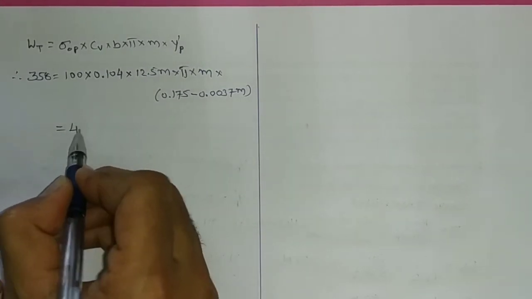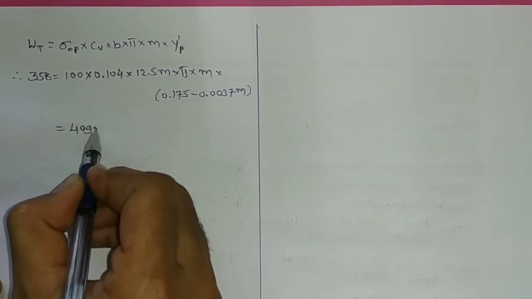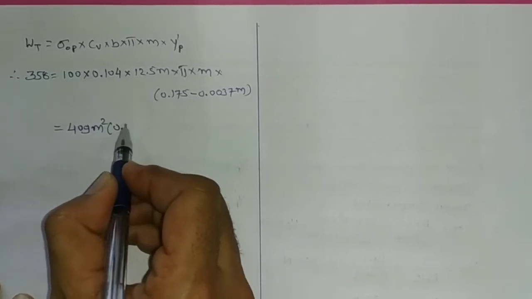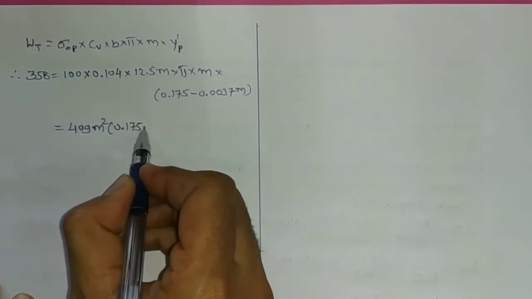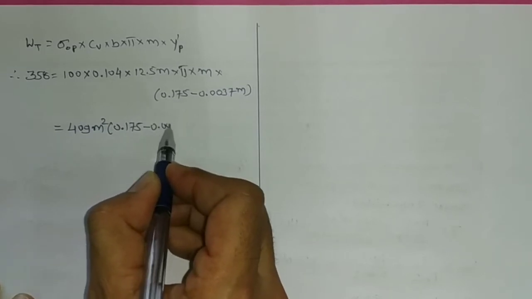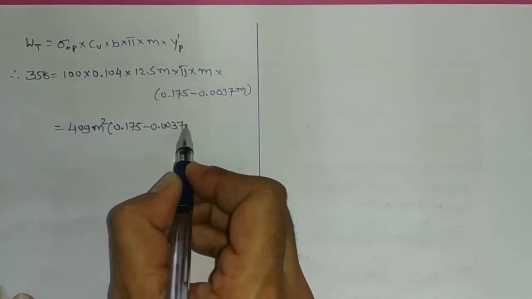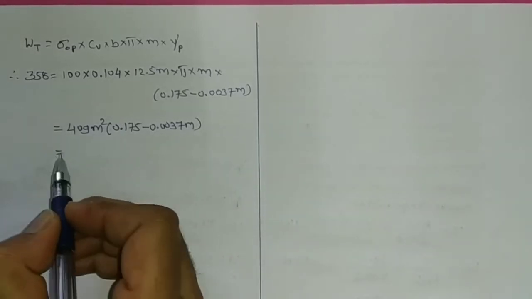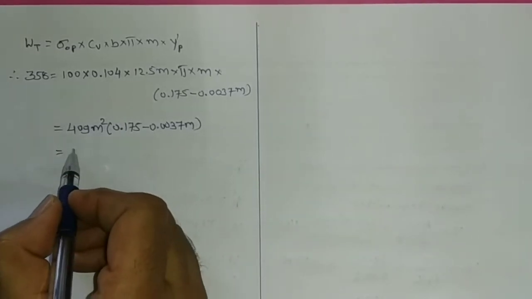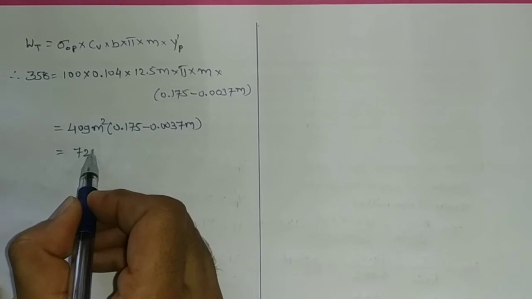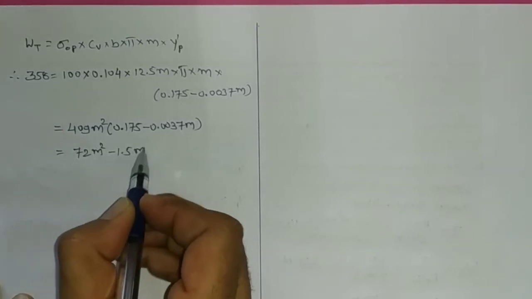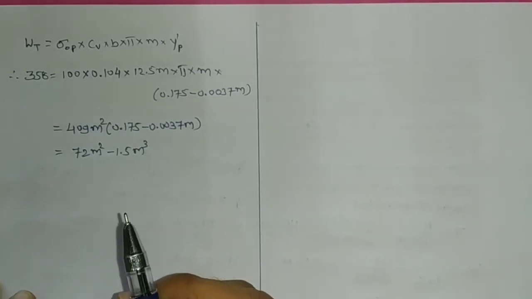Now simplify this equation. So you will get 409 m square into 0.175 minus 0.0037 m. So finally you will get the equation 72 m square minus 1.5 m cube.